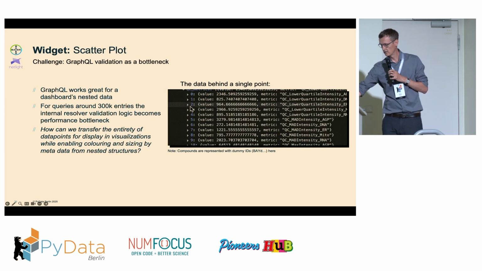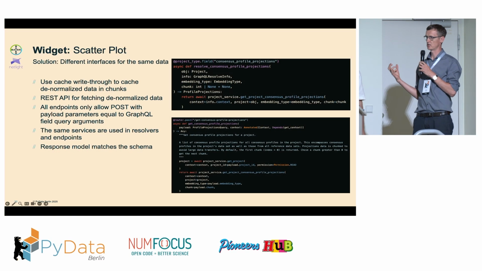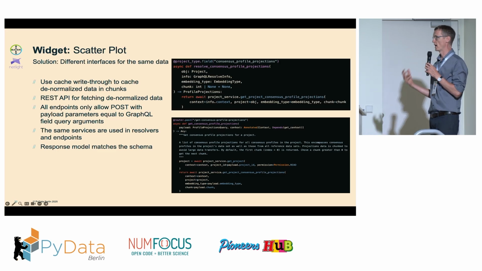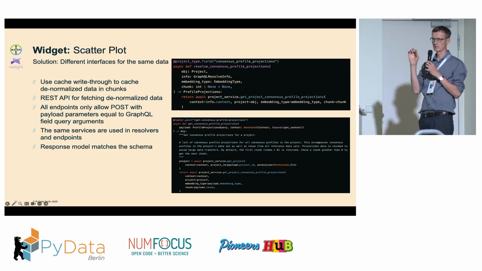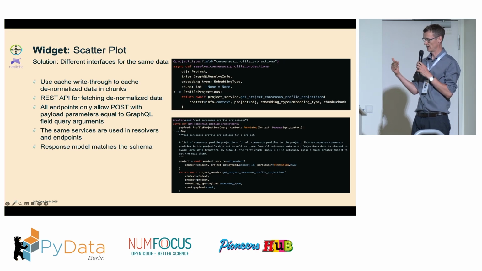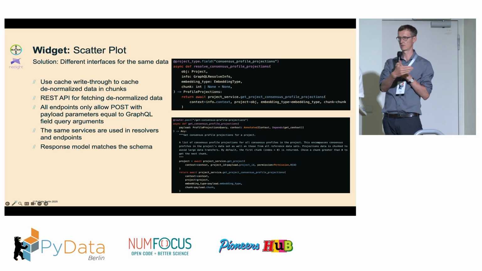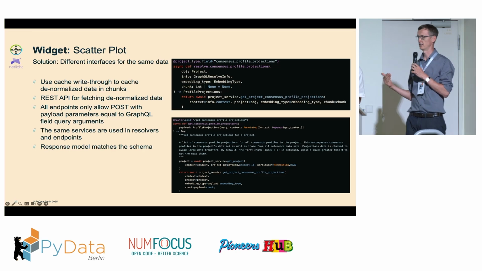So what we did is we actually utilized our implementations, but just changed the interface away from GraphQL for selected queries, basically implementing FastAPI endpoints directly that would return the exact same type that we have defined in GraphQL, but with no validation now, just to be faster in delivering the data.